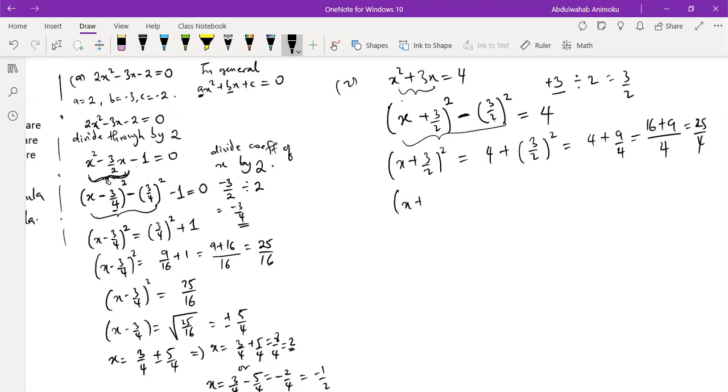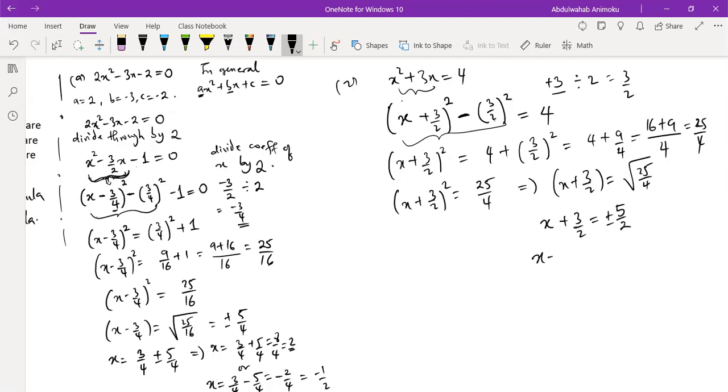Now we are back to simplifying this, which is x plus 3 over 2. You take the square root of both sides, the square root of 25 over 4. Notice that the square root cancels the square on the left-hand side, and this is equal to plus or minus 5 over 2.